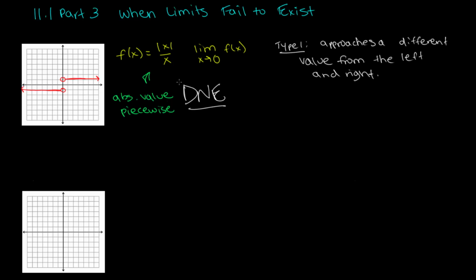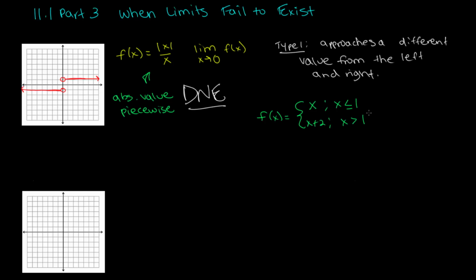And just to jog your memory, a piecewise function is where we have different domain values and different functions to represent those. So for example, we can have f of x is equal to the piecewise function, x as x is less than or equal to 1, and then x plus 2 as x is greater than 1.